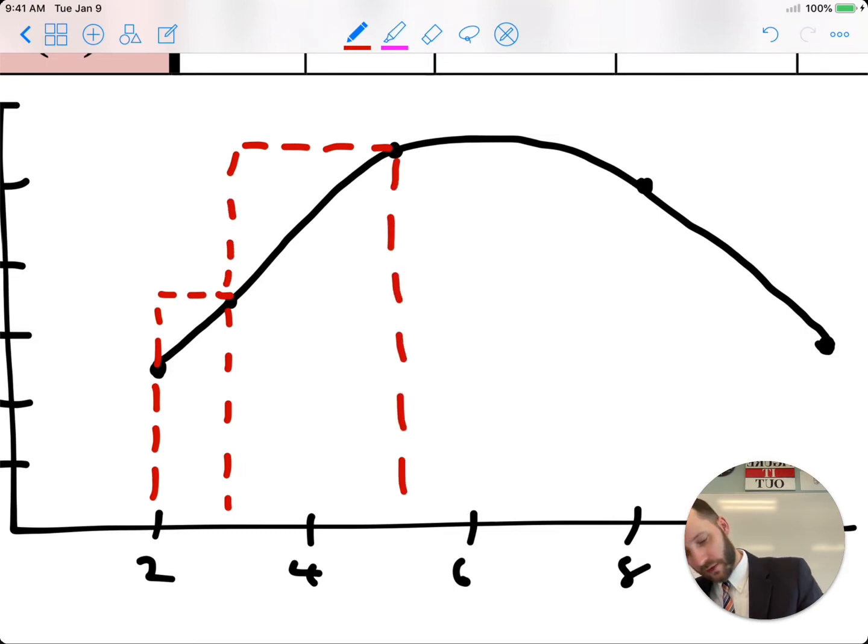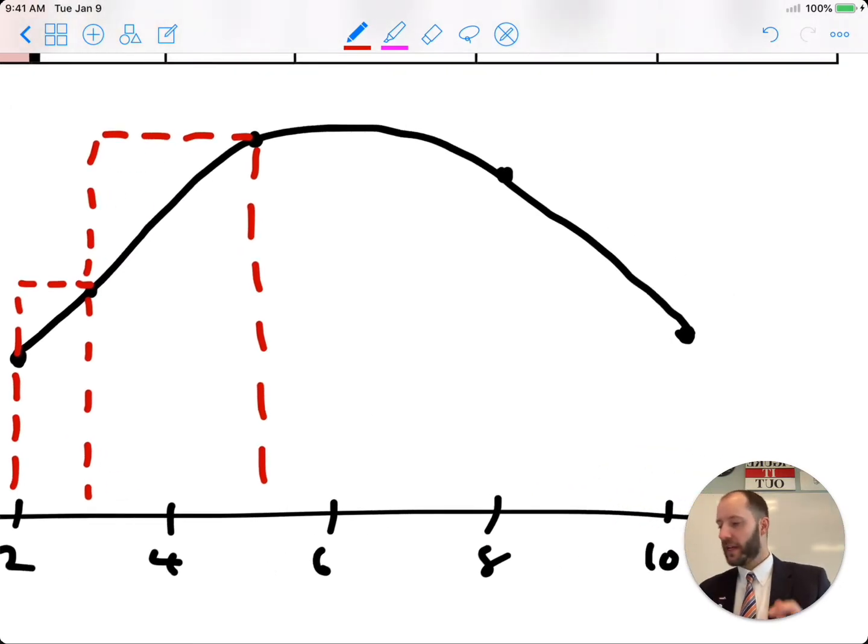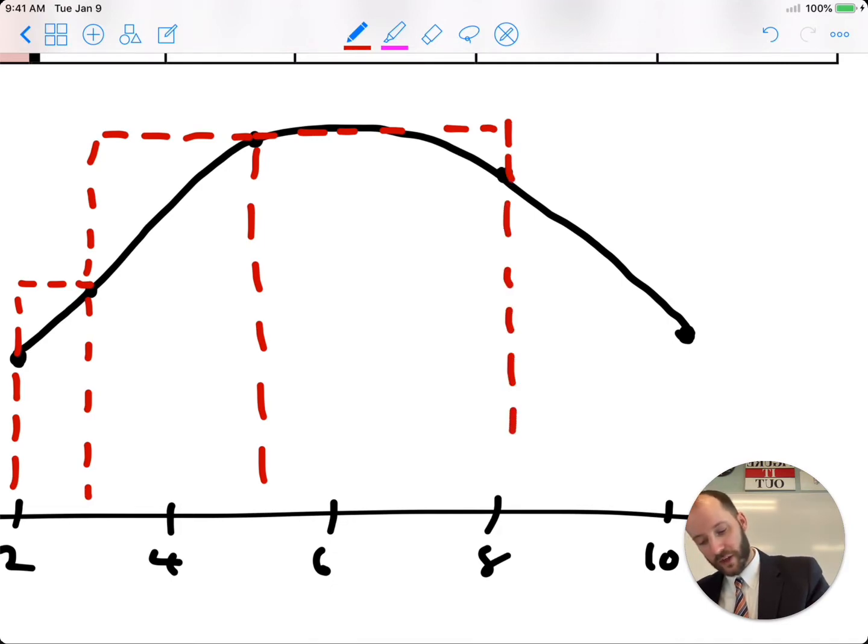And then from 5 to 8, we're going to switch, because from 5 to 8 we start decreasing, so we're going to do a left bound. That gives us the rectangle going over the curve, giving us a higher area than we think. And then 8 to 10, again doing a left bound. So the rectangle is over the curve.